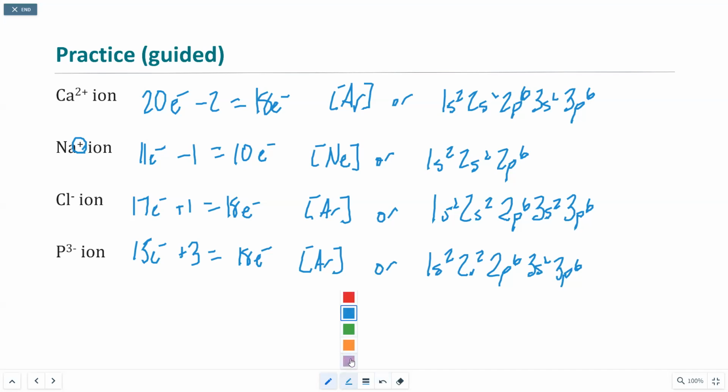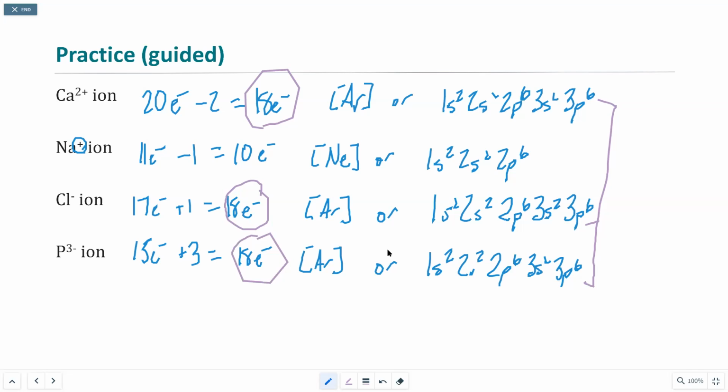Now, one important note that we want to make here is that these 3 configurations all ended at the same number of electrons. There's a term that we will use for this. It's called isoelectronic.